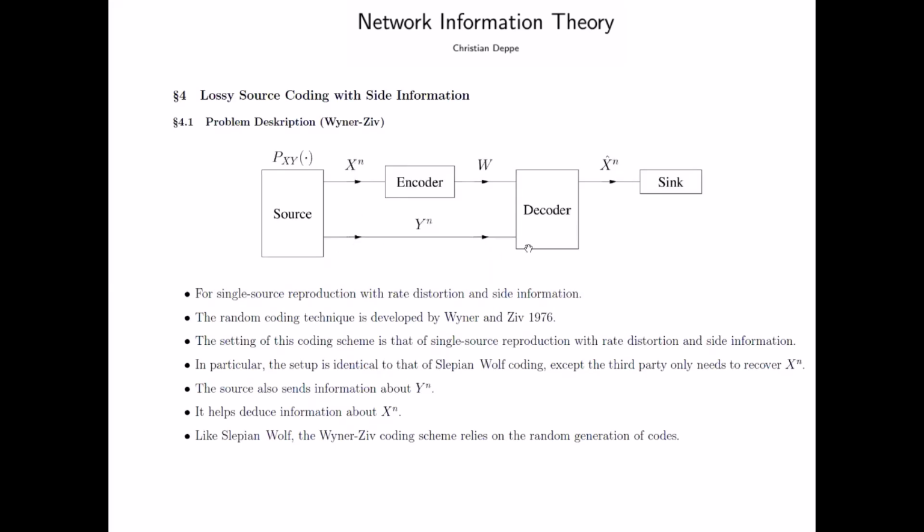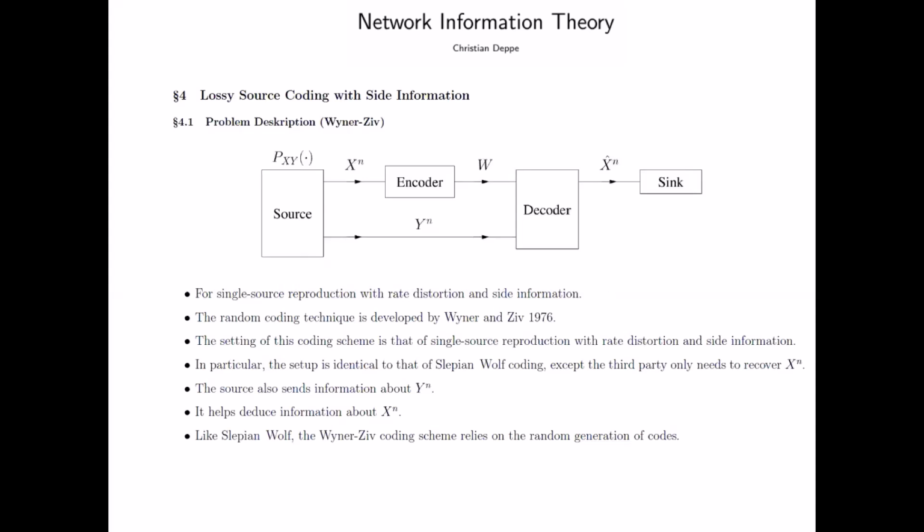Y^n is sent directly to the decoder, and X^n is encoded, so we want some data compression to an index W, and the decoder receives Y^n and the index W. And he wants to estimate X^n by X hat^n in such a way that the expected distortion is smaller or equal than D. So this is really a special case of distributed source coding with rate distortion.